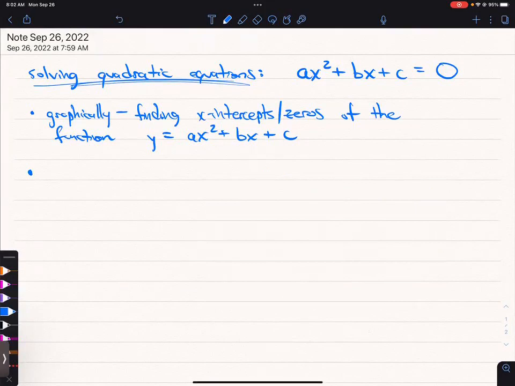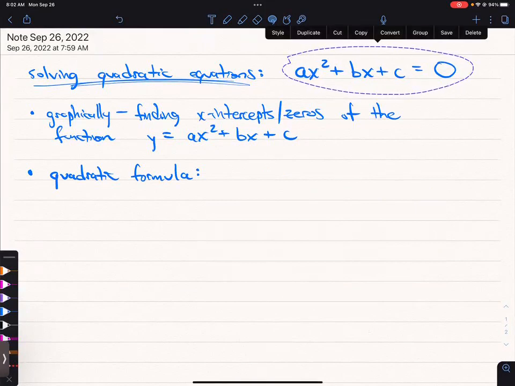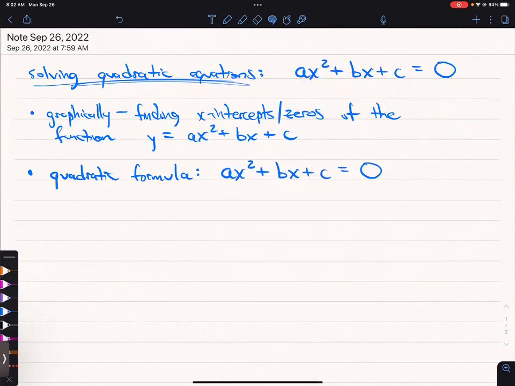Actual methods that we can use to solve: we've got the quadratic formula, which again works every time for something like this. I'm just going to put it here again for emphasis.